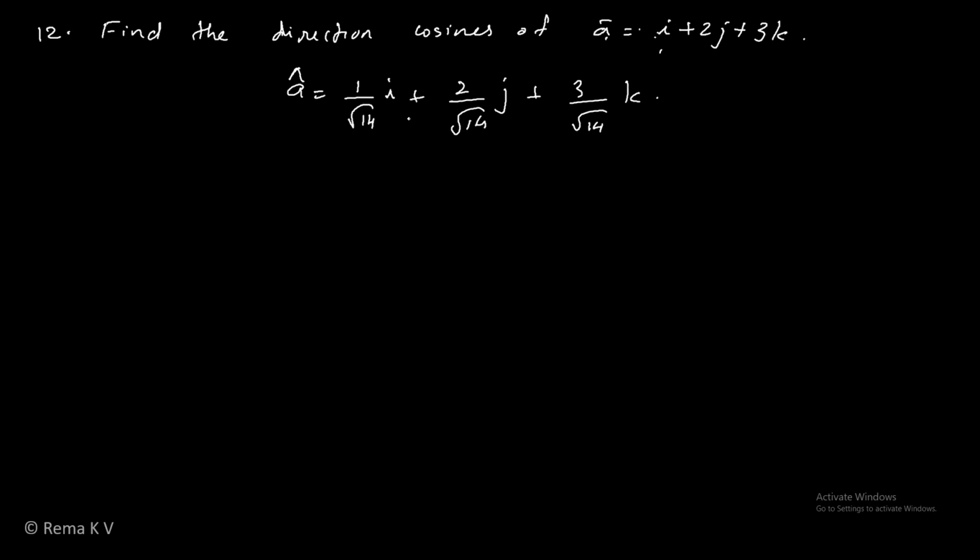So A cap is 1 by root 14 i plus 2 by root 14 j plus 3 by root 14 k. Now this is a vector with magnitude 1. Therefore, the corresponding direction cosines are 1 by root 14, 2 by root 14 and 3 by root 14.